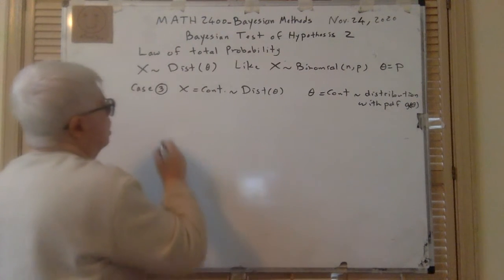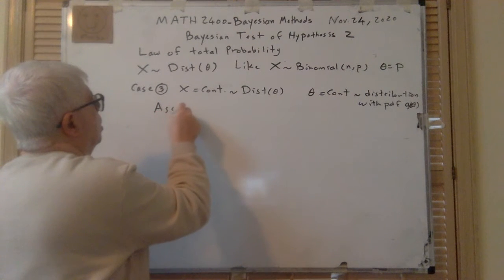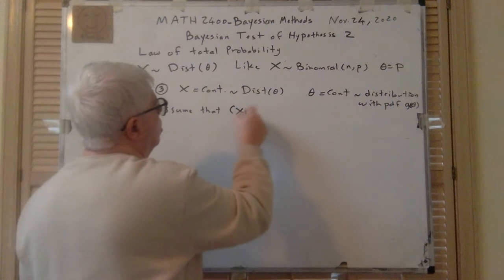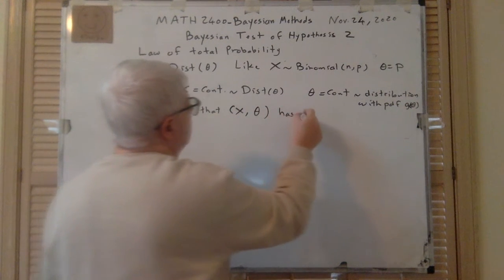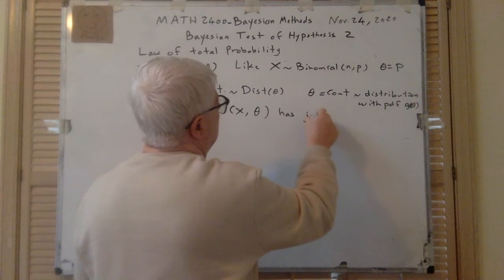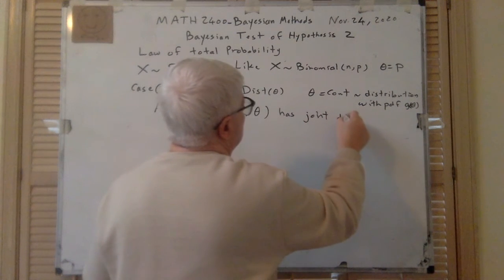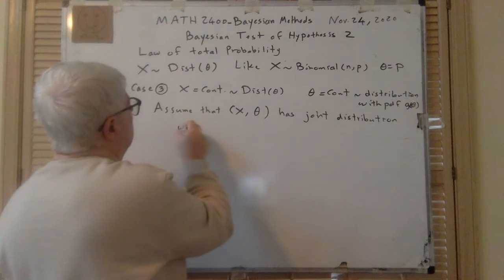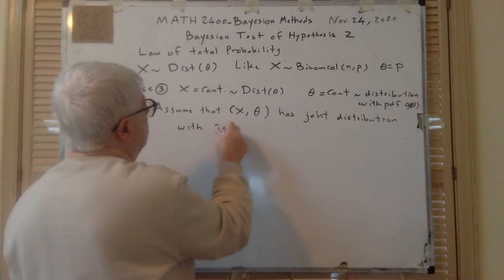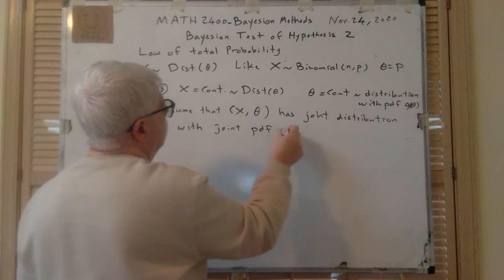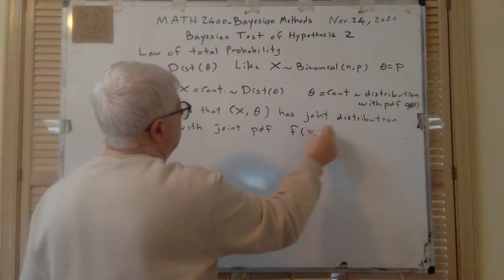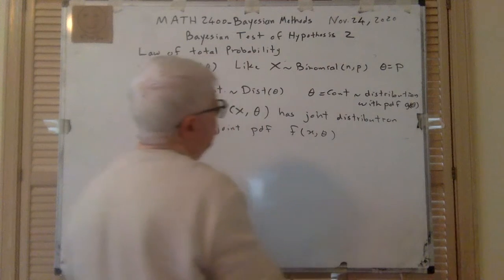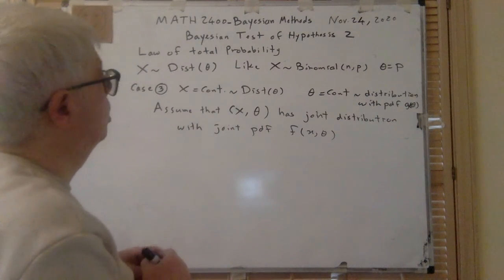But we assume that (X, theta) has a joint distribution with joint PDF f(x, theta). So that's our assumption. So this g(theta) is the marginal distribution of theta.